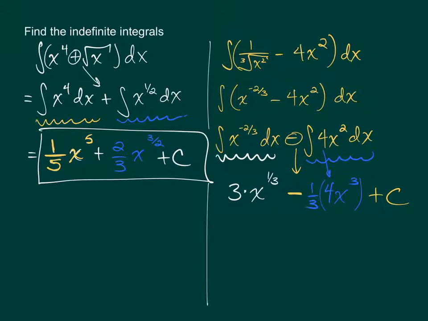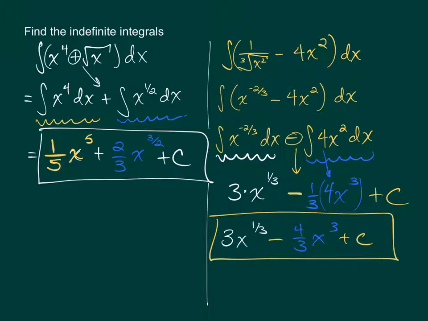Now there's just a little bit of simplification that needs to happen, and this ends up being 3x to the 1/3 power minus 4 times 1/3 gives you 4/3 x cubed plus c. So here is the final answer. Let me put my equal signs in here. There we go.